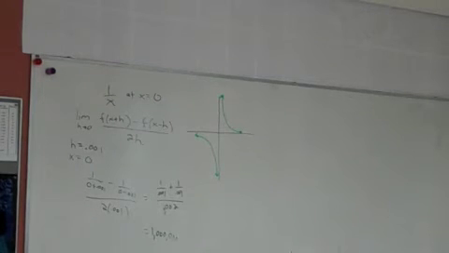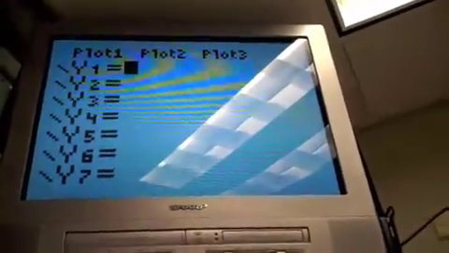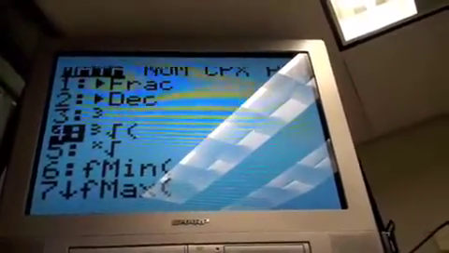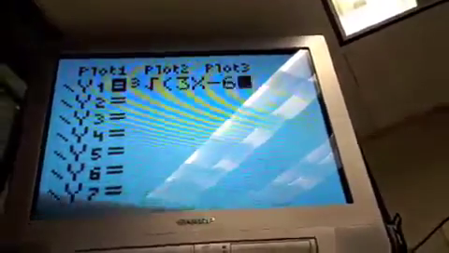Just plug in 0 at each of these functions. That's continuous. You can take the limit from the right, but not the left. This is continuous. Three x minus 6, guys?